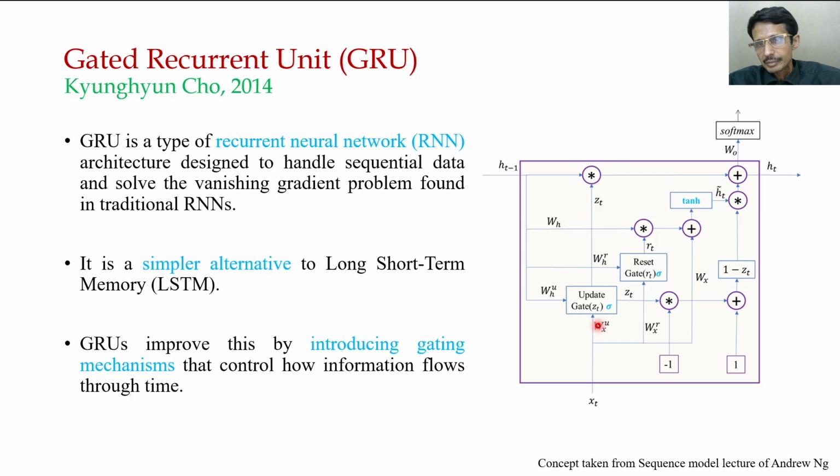And there are two gates, update gate and reset gate, and these two gates are going to decide which information is to be forgotten or removed and which information from the previous state is being taken into the memory cell. Similarly, this is also how h t is going to be derived. Let's see.